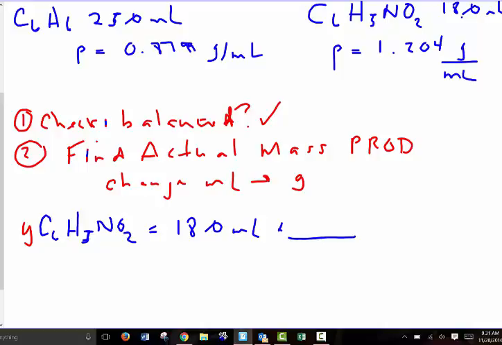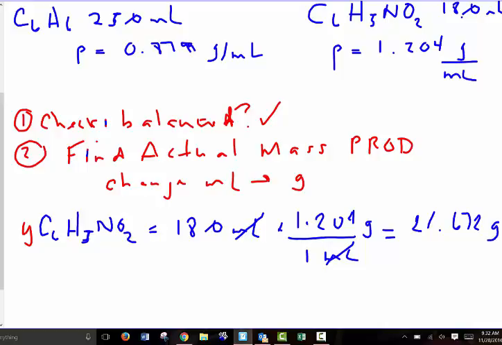So I put 1.204 grams in the top, and the 1, that's per 1 mil, right? So my mils are going to cancel. So now I actually have an answer in grams, and my answer is going to be 21.672 grams. Keep track of our sig figs, but let's not round yet, okay?